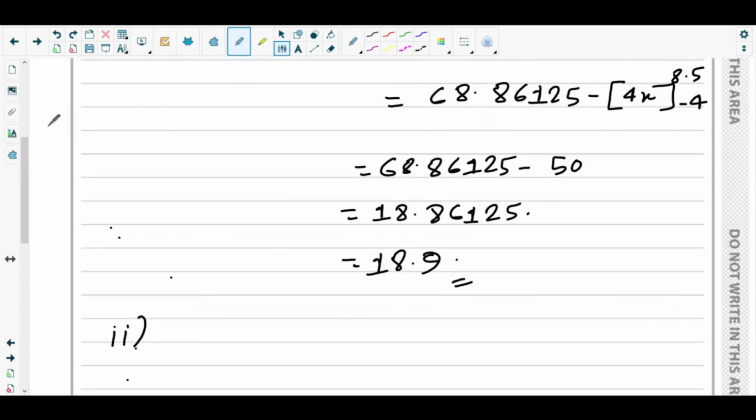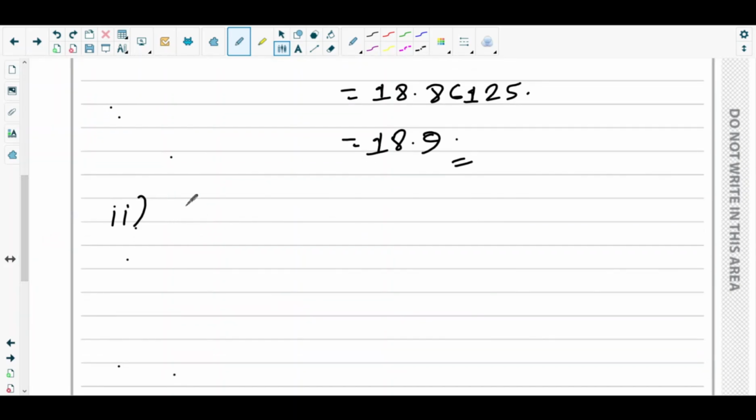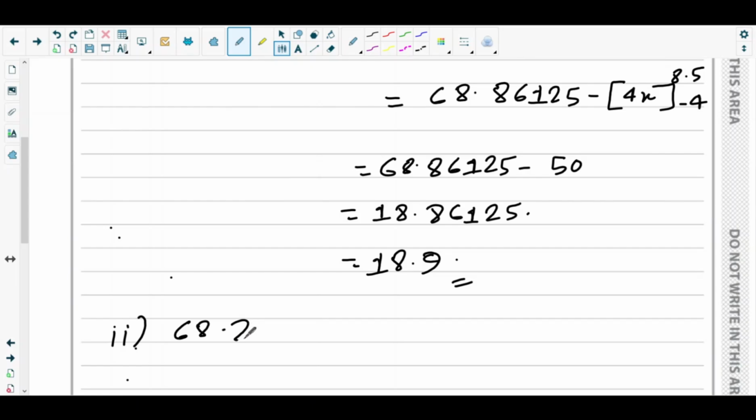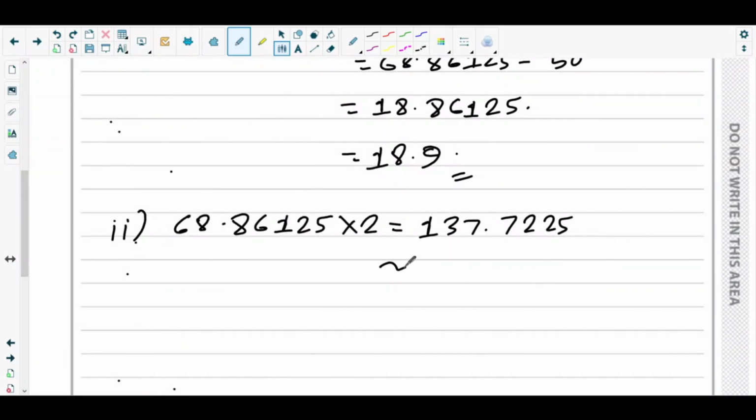So 68.86125 times 2 is 137.7225, which can be rounded to 3 significant figures as 138.